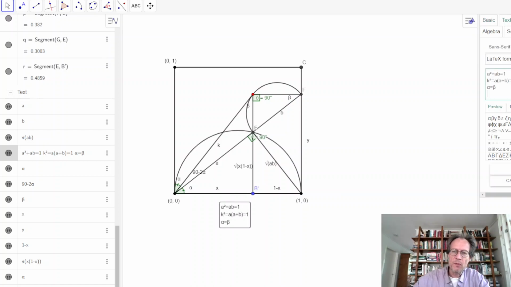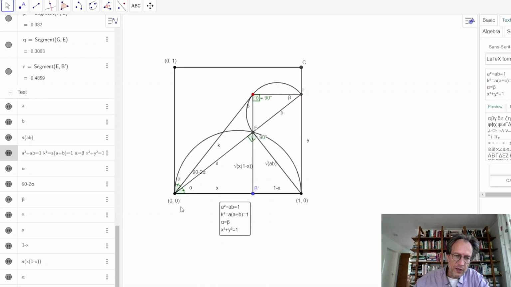First I write down what we have found: this length k is 1, and so using Pythagoras, x squared plus y squared is 1. It's on the unit circle. That's one equation.